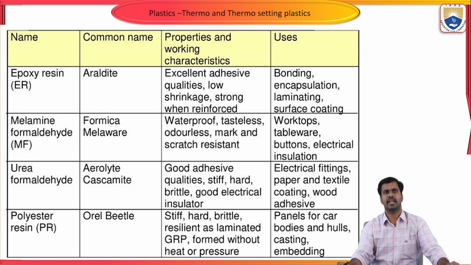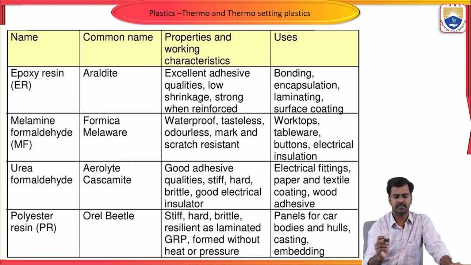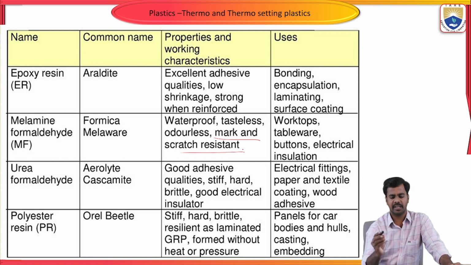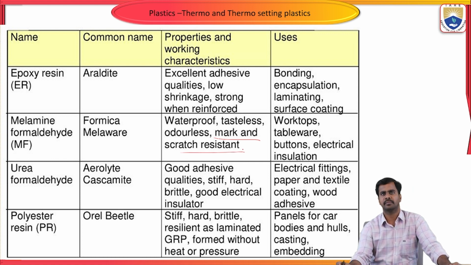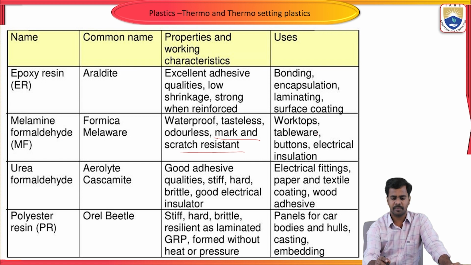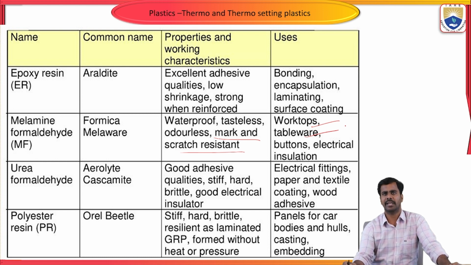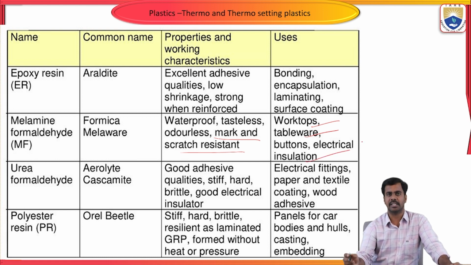The common name of MF is Formica, Melaware, and properties of MF are waterproof, tasteless, odorless, mark and scratch resistant. And uses of MF are worktops, tableware, buttons, and electrical insulation.